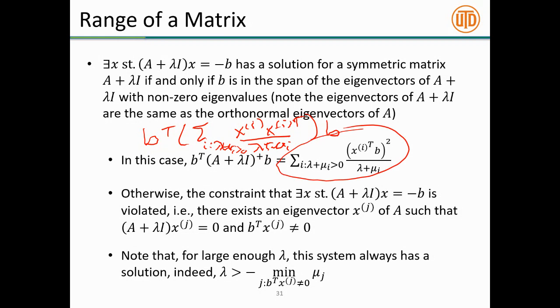So this is only the case if b, when projected onto the eigenvectors of A plus lambda I, doesn't have a non-zero component along some eigenvector with a 0 eigenvalue.